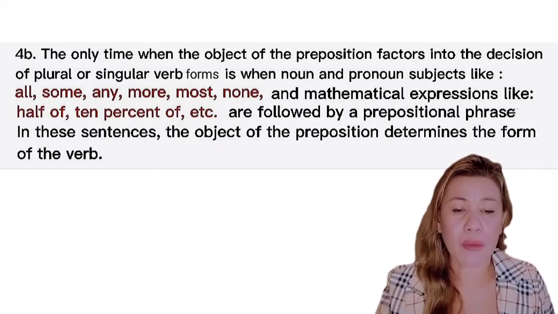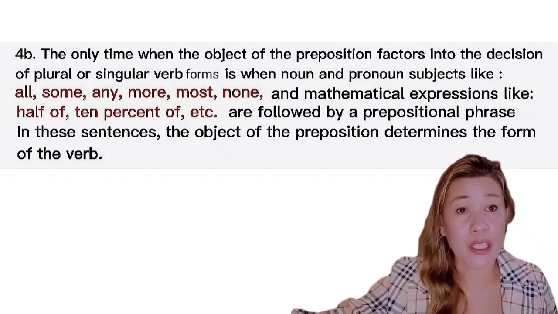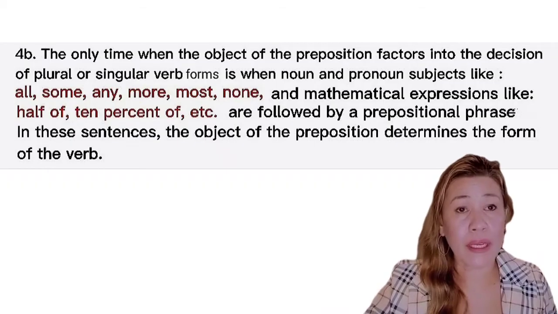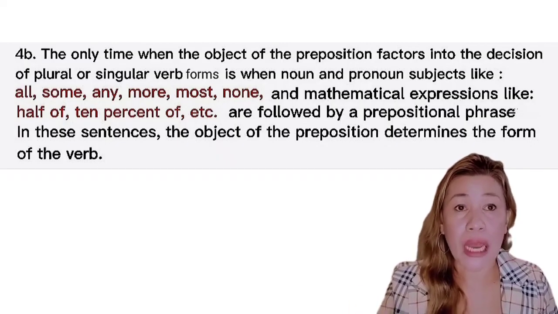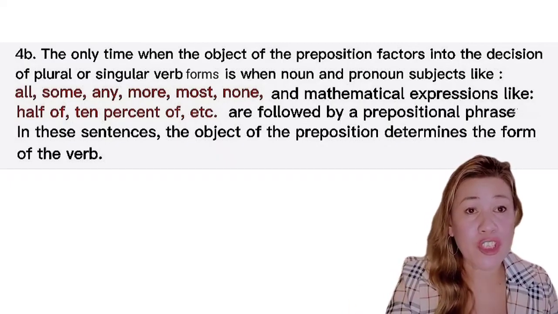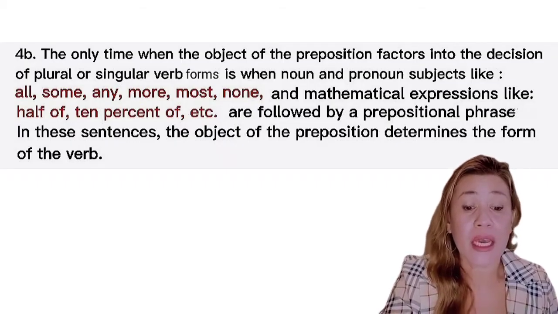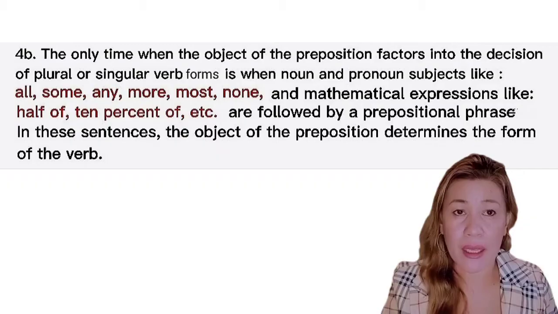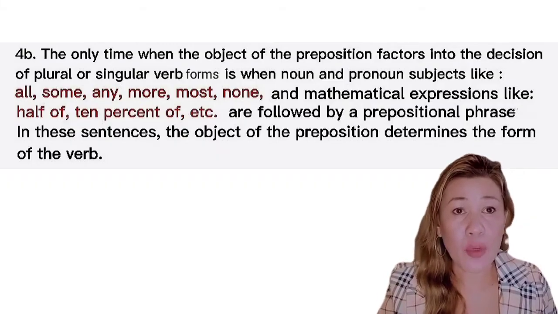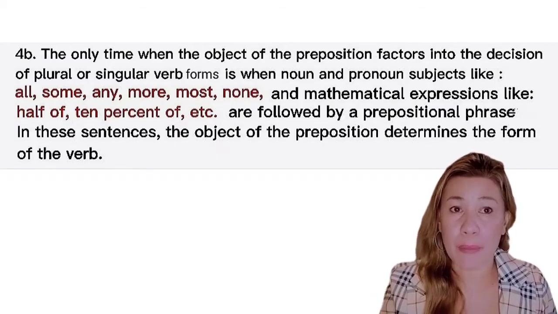Earlier, we talked about prepositional phrase. I said a prepositional phrase begins with a preposition and it is accompanied by other words. So it can be accompanied by a noun or a pronoun. That noun or pronoun accompanying your preposition, which forms the prepositional phrase, is now the object of the preposition. I repeat, the noun or the pronoun which accompanies your preposition is the object of the preposition.